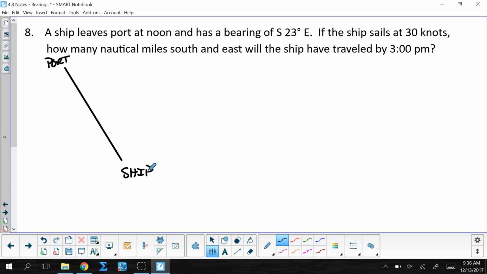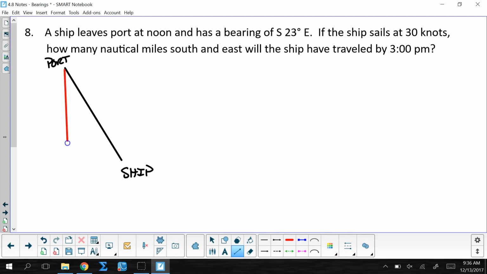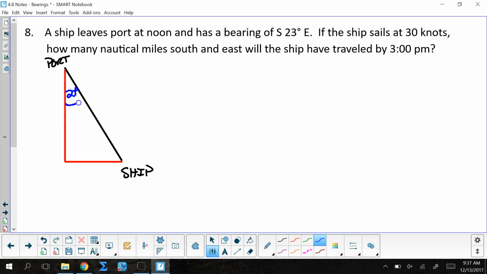Okay, we need to find how far it has traveled south and east. We know that its bearing was south 23 degrees east. So I know that that one's a 23.